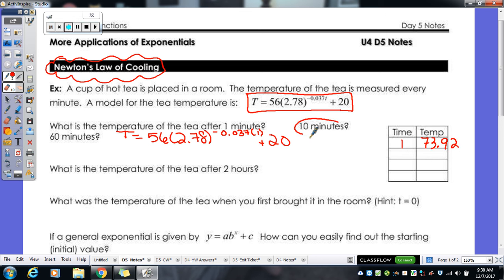So let's go ahead and figure it out for 10 minutes. So plug a 10 in there. All right, what do we get for 10 minutes? 58.36.